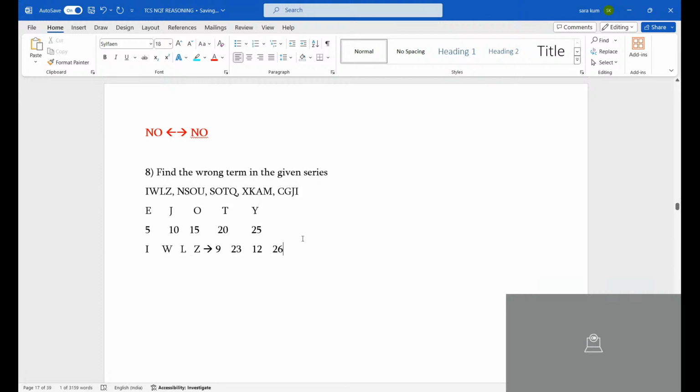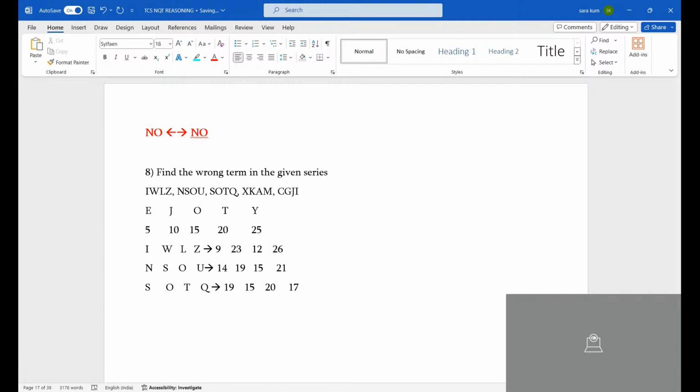You know this. The next one is N S O U. So if you try to write numbers: 14, 19, 15, 21. Similarly, the next one is S O T Q. S's number is 19, O's number is 15, T's number is 20, Q's number is 17.